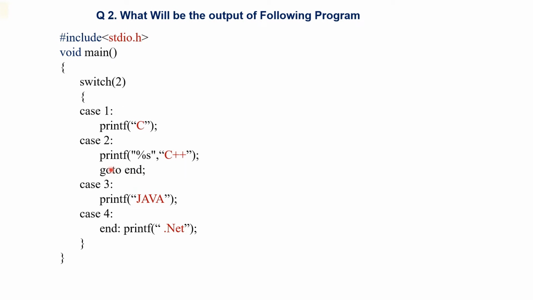So after executing this statement, control will be transferred to the statement labeled as end, which is here. So this statement will be executed, and with this the string .net will be displayed on the screen. So hence the complete output for this program will be C++.net.